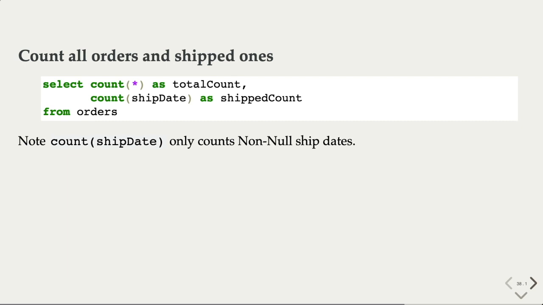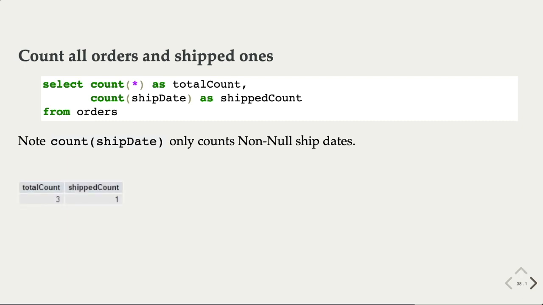Just now, from the result of a query that we ran, we know there were 3 records in the orders table, and only one had a ship date, and for the other 2, the ship date was null. So let's take a look at what the result is.